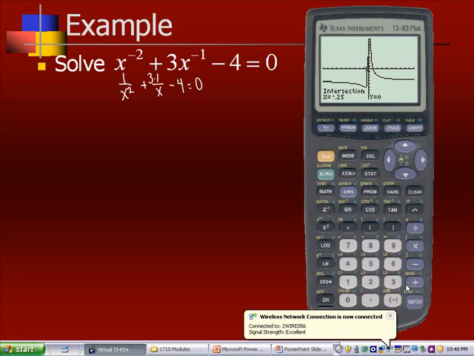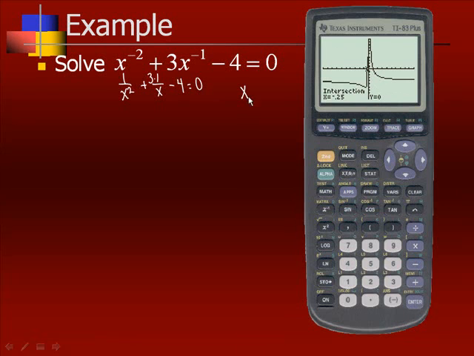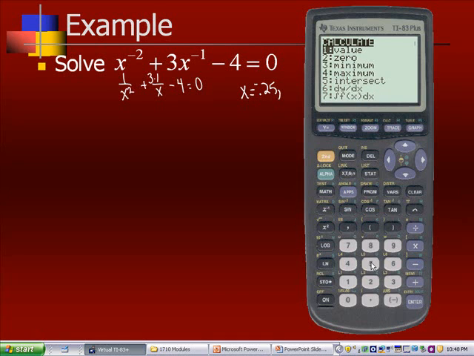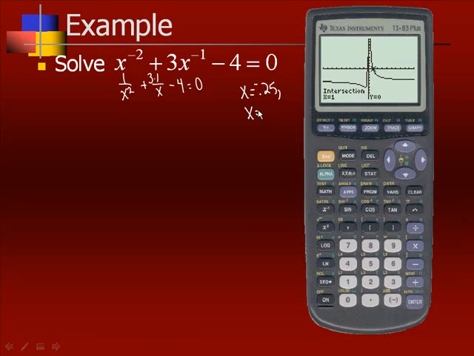So we know that it crosses the first point at negative 0.25. The second time we're going to do second, calculate number 5. This time we want to make sure we're on the right side of that vertical asymptote. First curve's okay, second curve's okay, guess. Hit enter, and that would give us x is equal to 1.